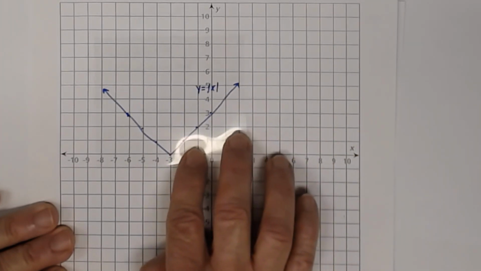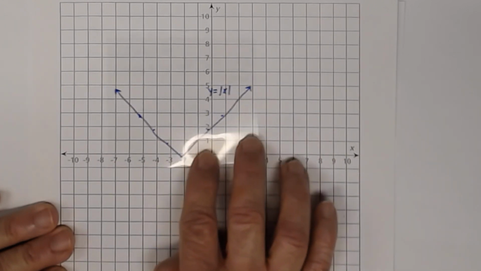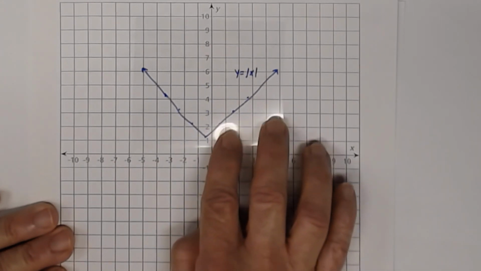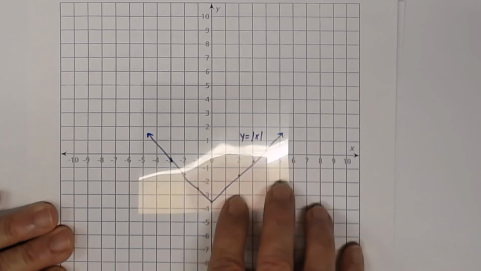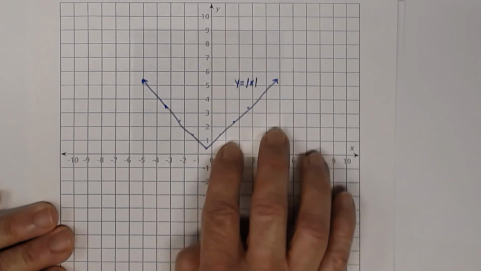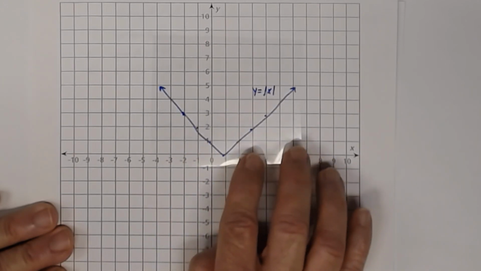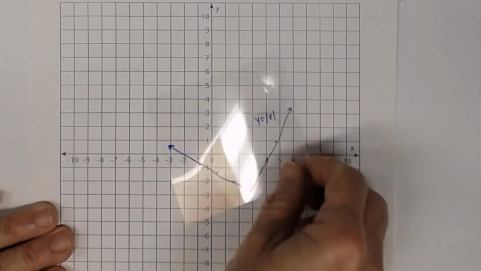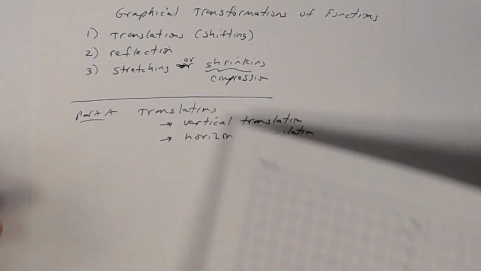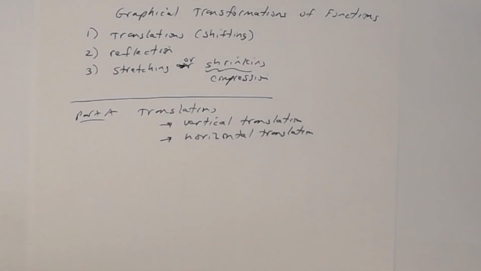And then horizontal is where you're going to go right or left. So that's horizontal translation, and this is vertical translation. All right, so that's what I mean by horizontal and vertical translations.